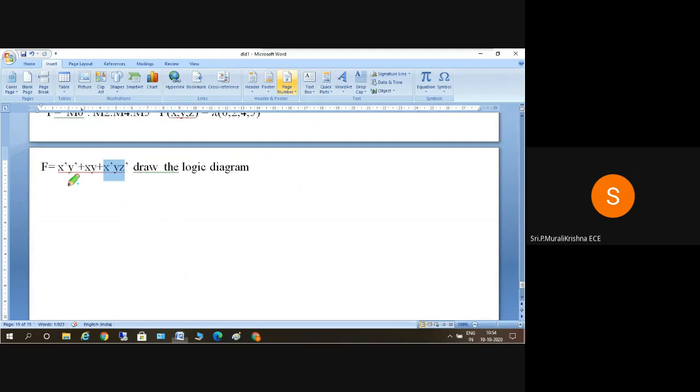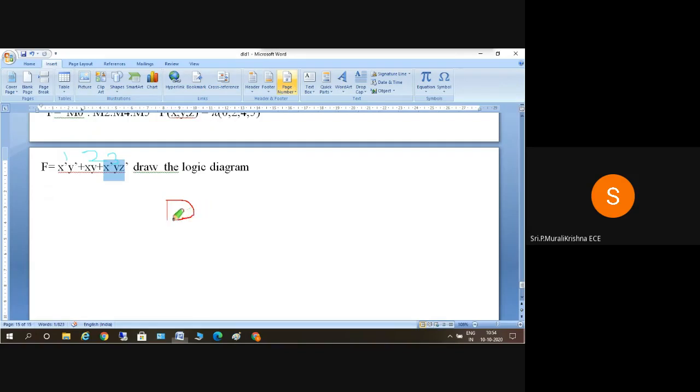You can check here. This is one product term, this is the second product term, and this is the third product term. All these three are added here. Product terms are multiplied with the AND gate.